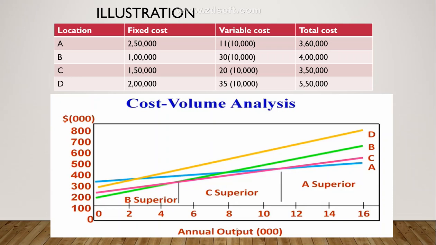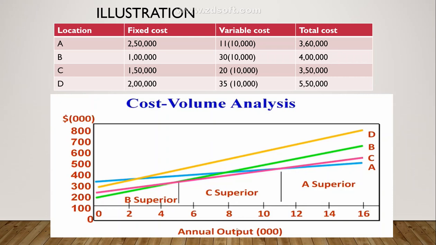If you look at A and C, you can see the lines drawn on the graph. This point where C and A meet explains where production is suitable, where we see less expense.